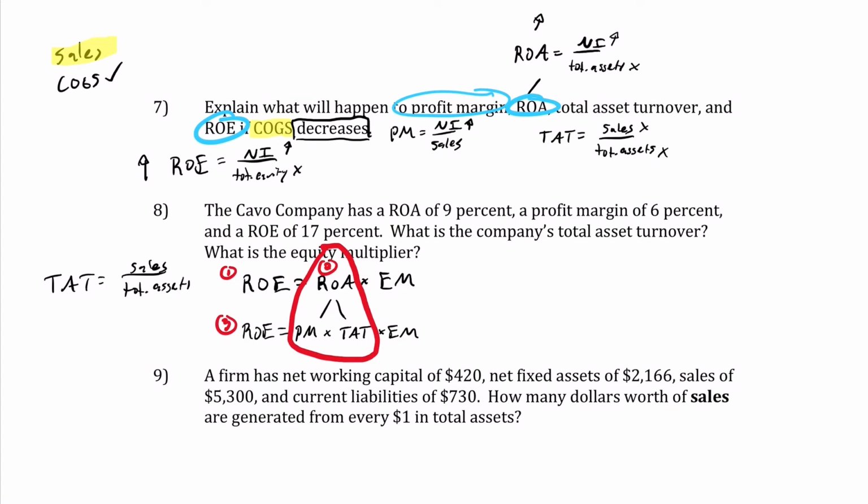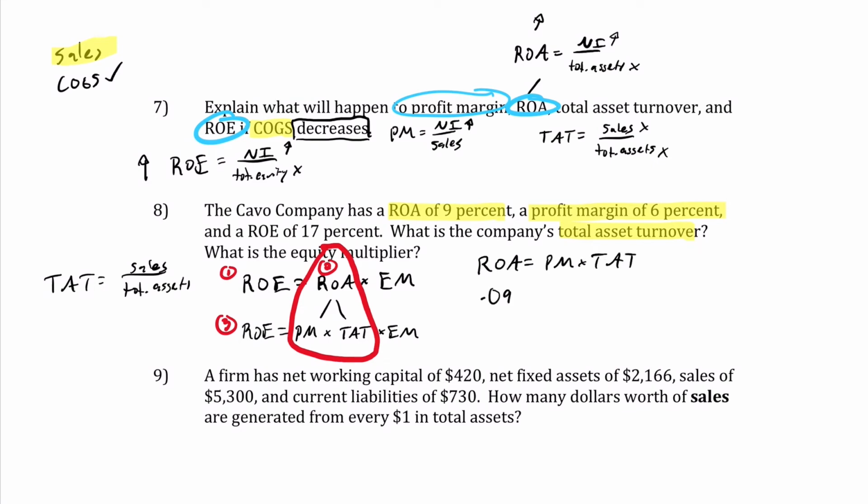Here they want to know what is the company's total asset turnover. Well, they have given us ROA, and they have also given us profit margin. And so hopefully as you're looking there inside of step 2, I can solve for total asset turnover using this second breakdown of the DuPont. So this is a partial DuPont question where ROA is equal to profit margin times total asset turnover.